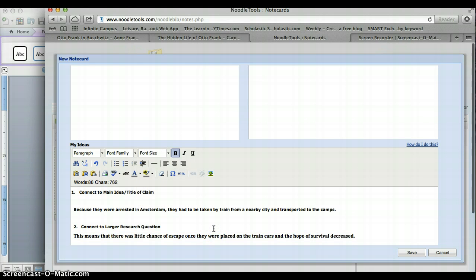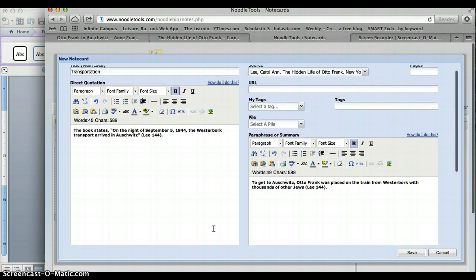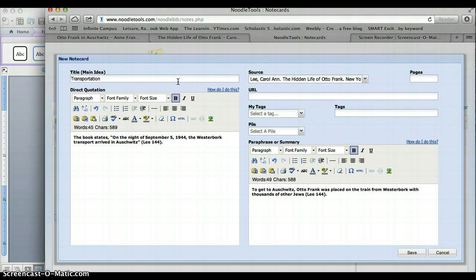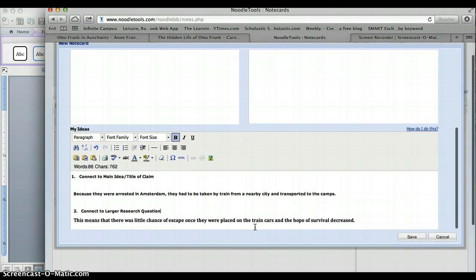Once I have all 4 of these boxes filled, so I have transportation as my claim, I have my evidence for a direct quote and a paraphrase, and my ideas or the explanation down below for 1 and 2, then I'm going to press save.